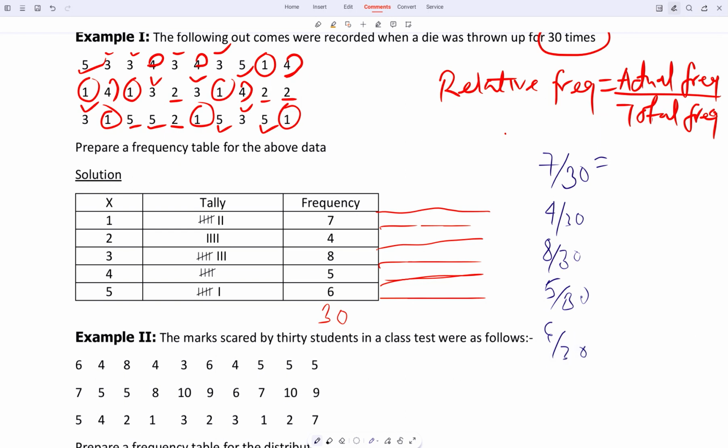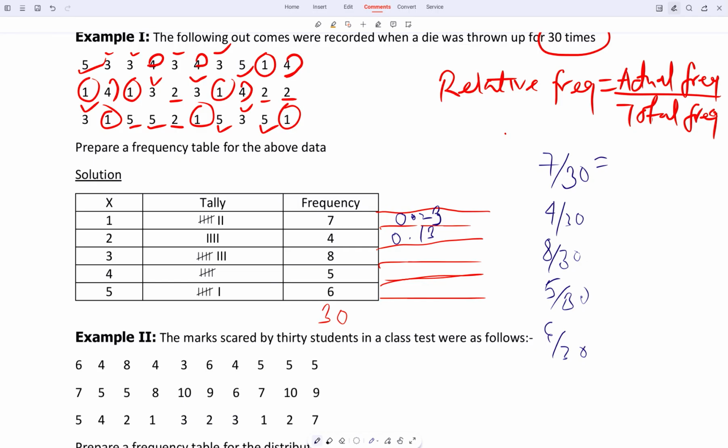So let's see what we will have. 7 divided by 30 will give us 0.23. Are you seeing that? 0.23. Then 4 divided by 30. That will give us what? 0.13.